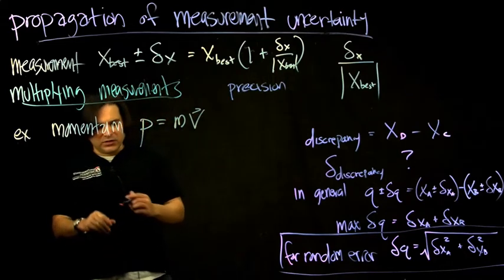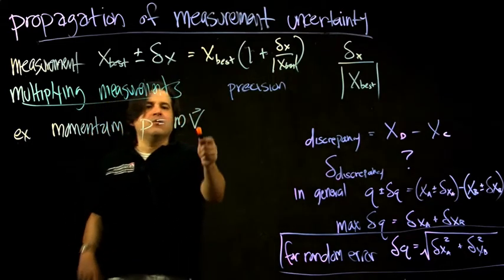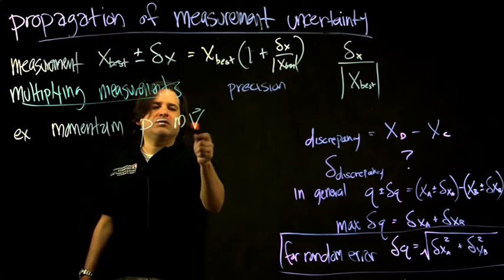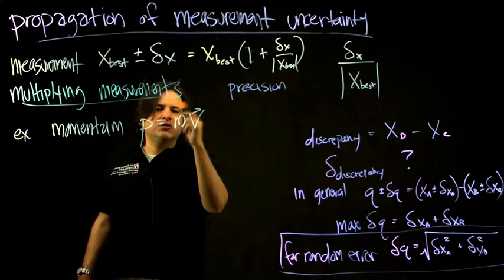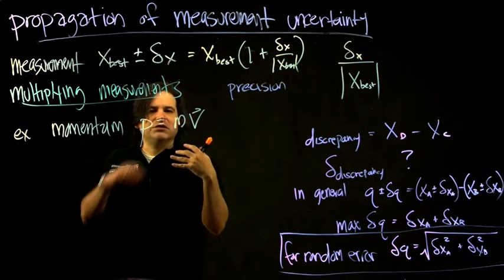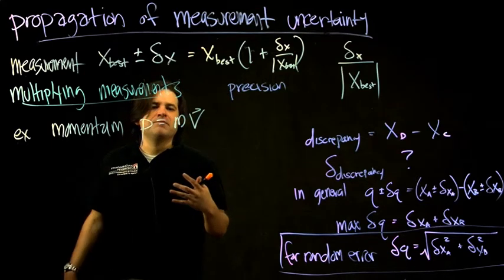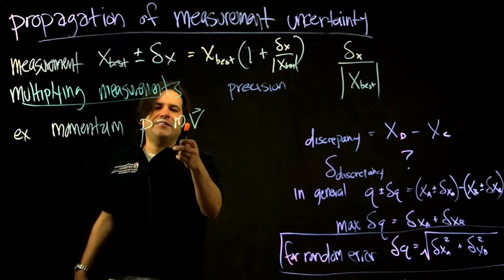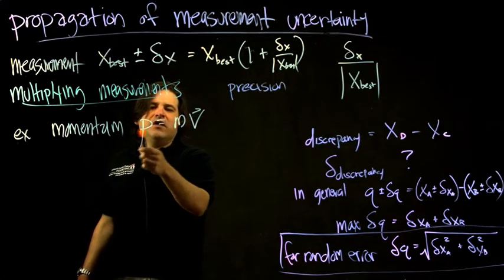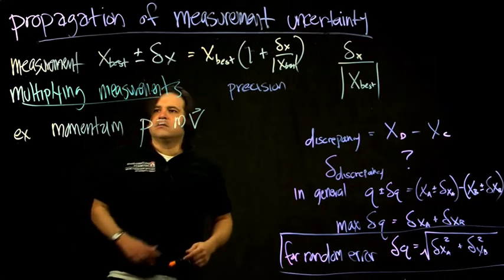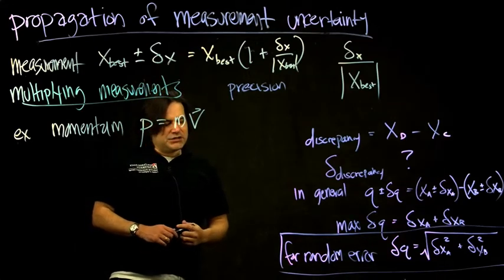Here's an example in engineering and physics where we need to multiply two values, and if we measure these two values, those two measurements have experimental uncertainty, measurement error. The question is, what happens to that measurement error when you use these measurements to find momentum? So that's an example of this multiplication.